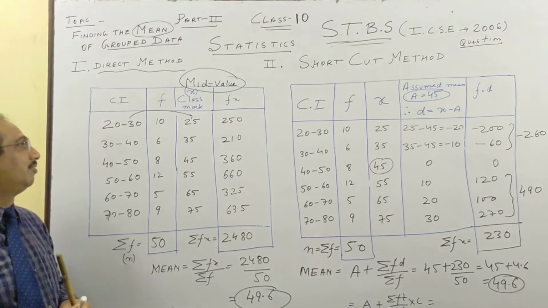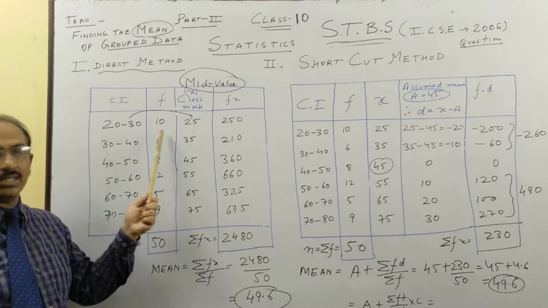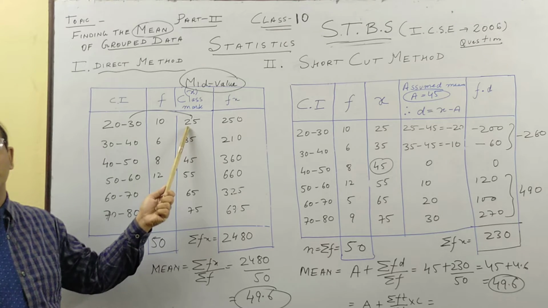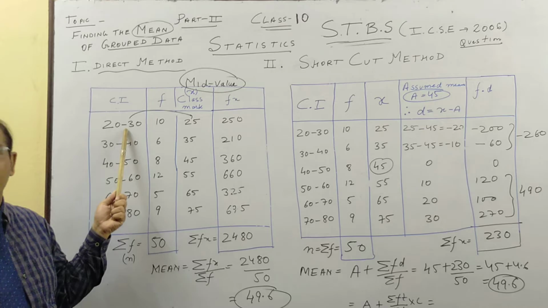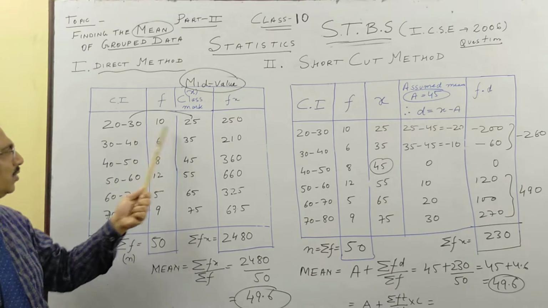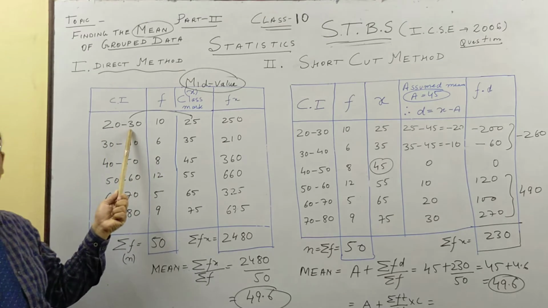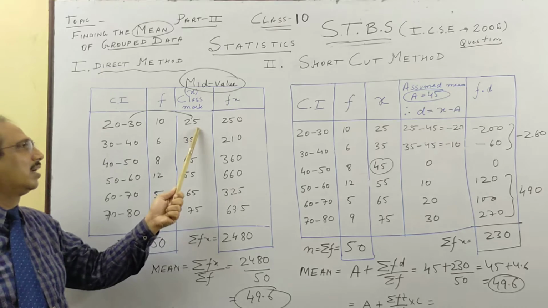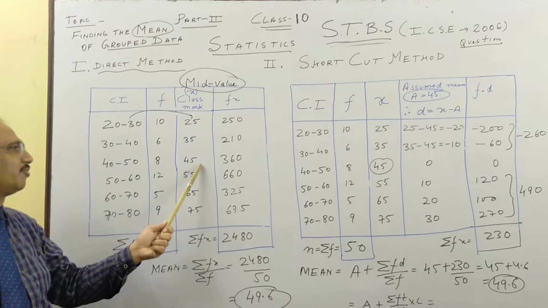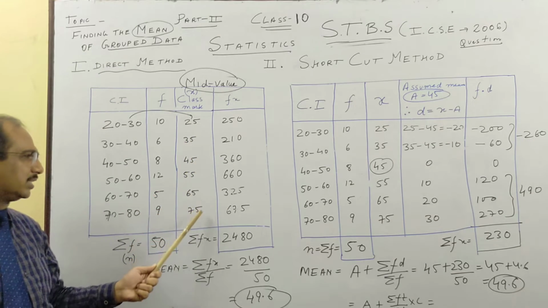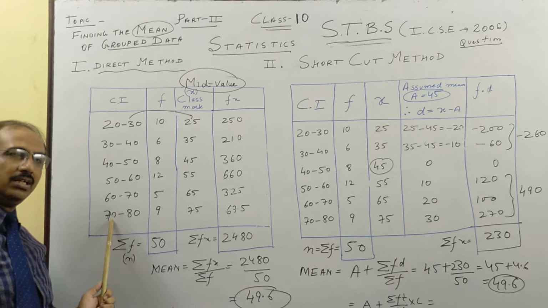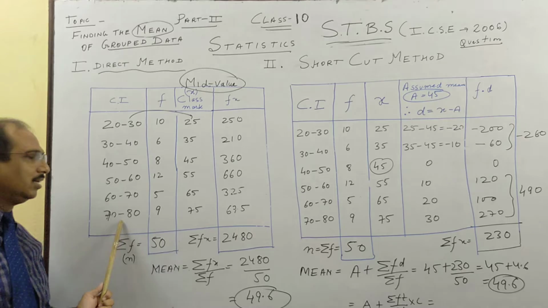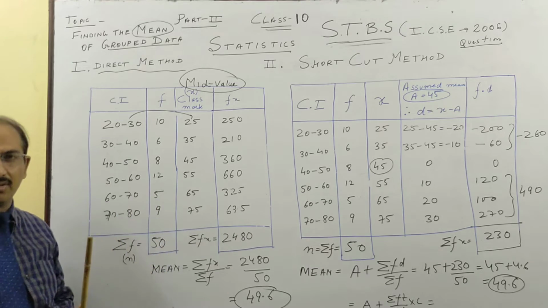For 20 to 30, what is in the middle? 25. An easy way is to add 20 plus 30 and divide by 2. Since the difference is 10, you can directly write 25, 35, 45, 55, 65, 75. Otherwise add 70 plus 80 divided by 2, which gives 75.